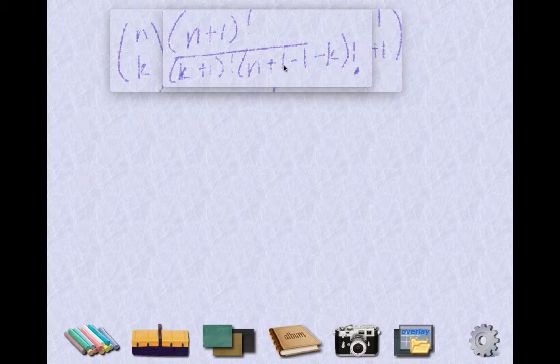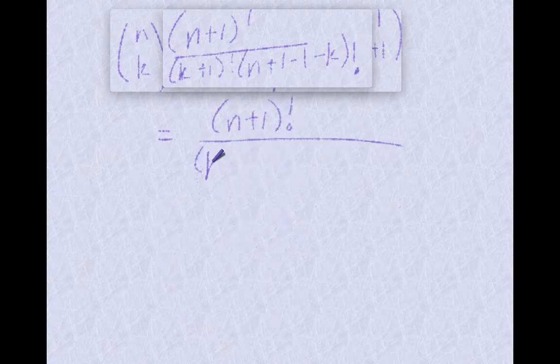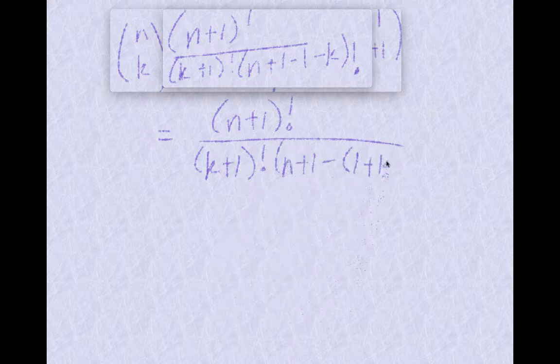Now I know I want it to say n plus 1 minus something else, so I'm going to factor out that minus sign, which leaves me 1 plus k.